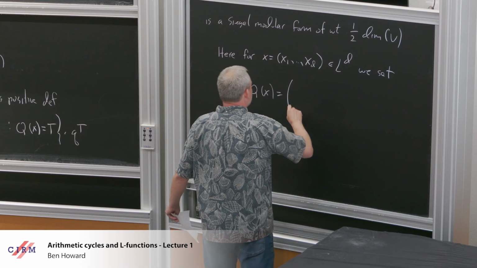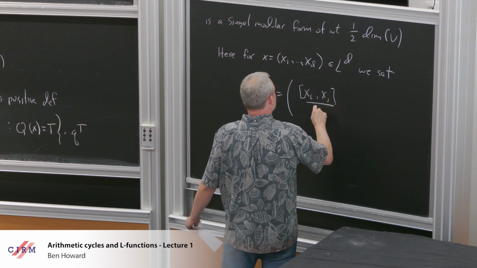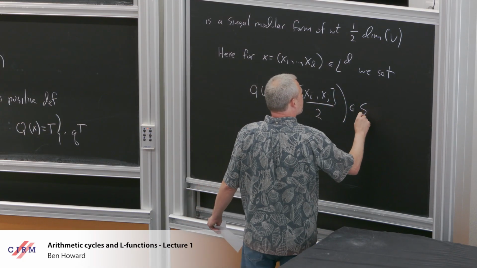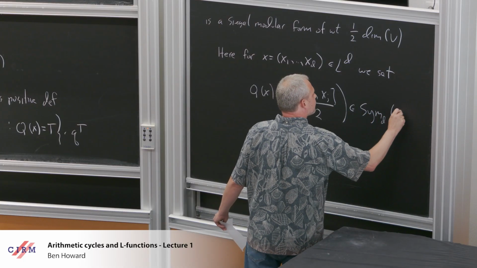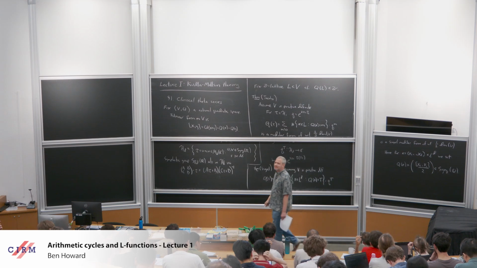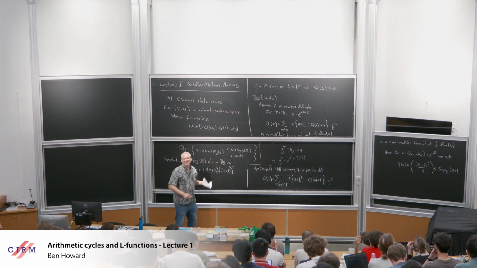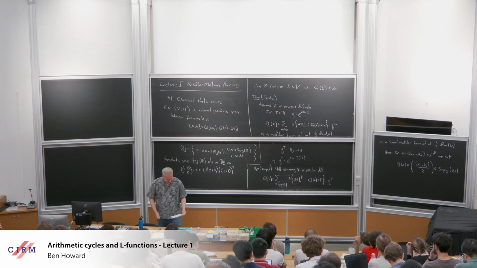So it's the matrix [x_i, x_j]/2 in Sym_d(Q). And basically, Siegel defined a Siegel modular form in order to make these. They are the original Siegel modular forms.